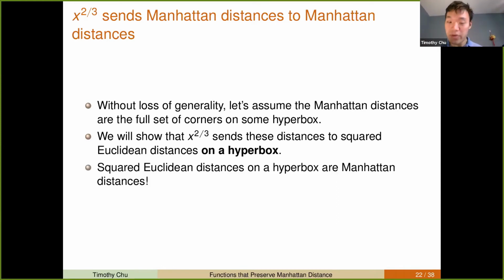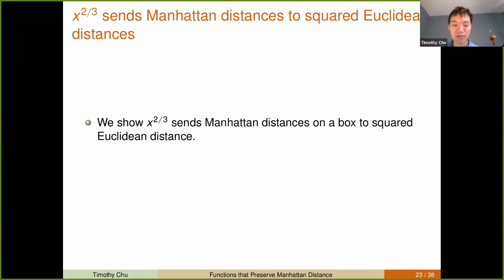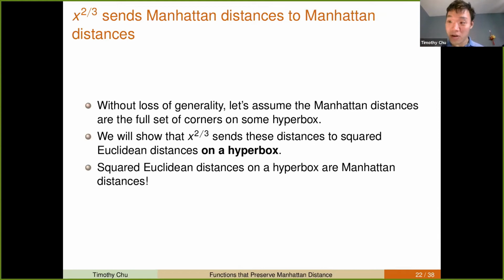Finally, we'll note that squared Euclidean distances on a hyperbox are Manhattan distances. You can test this out for a cube, you can test this out for a rectangle. This is just Pythagorean theorem. A squared plus b squared is c squared. So when you put this all together, what this shows is that the function x to the 2/3 magically sends Manhattan distances to Manhattan distances.